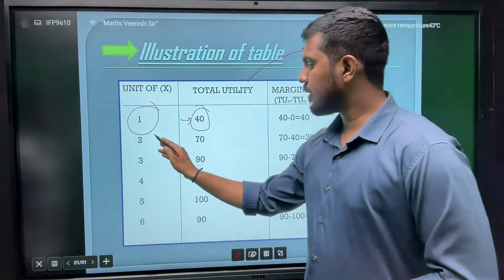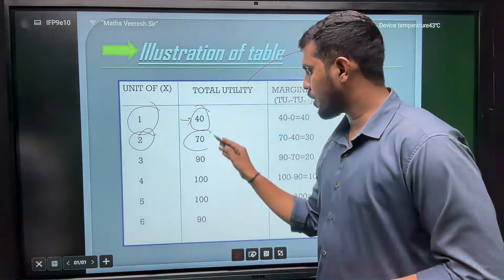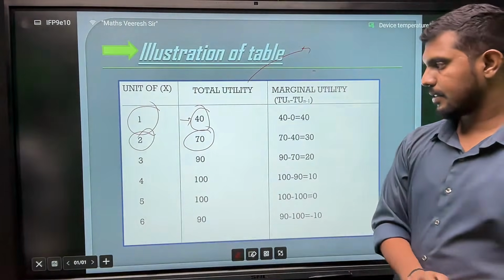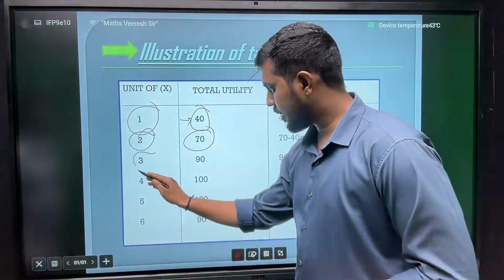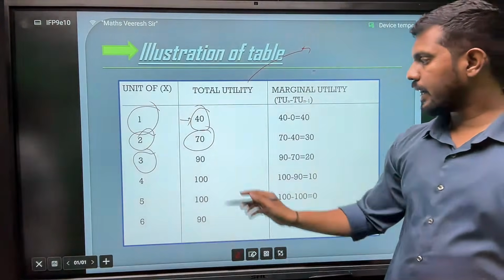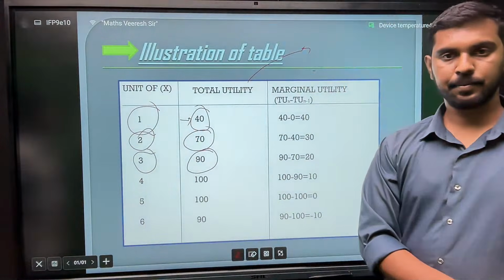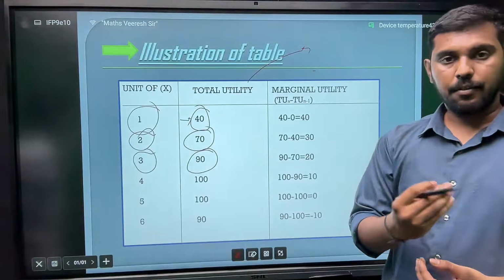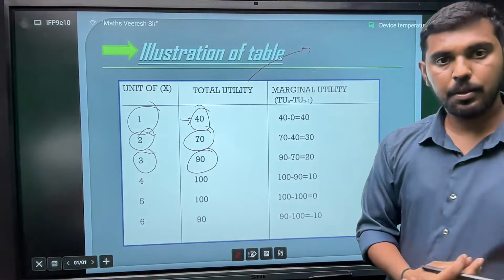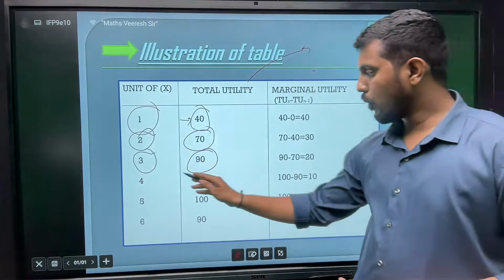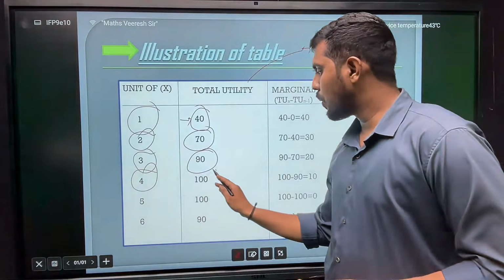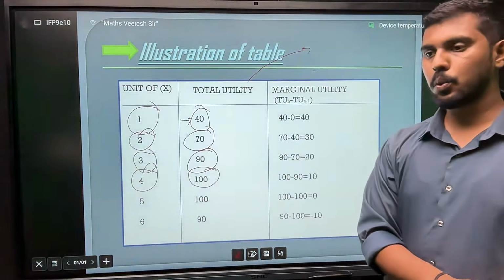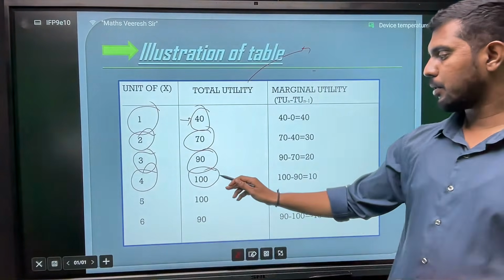When he consumes a second apple or chocolate, he gets 70 utils. When he consumes the third one, he gets 90. And when he consumes the fourth, the total utility comes up to 100.